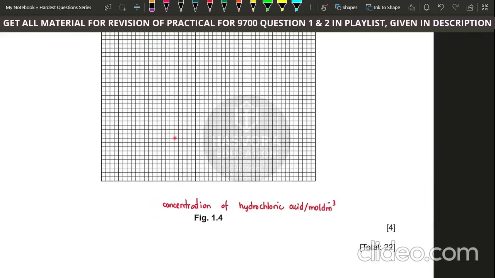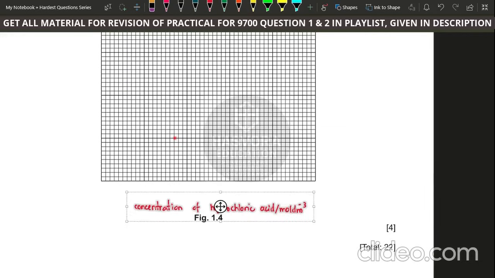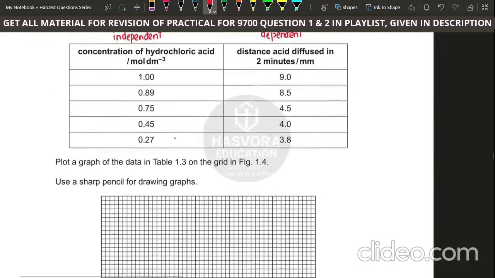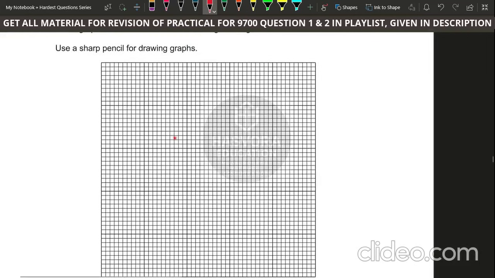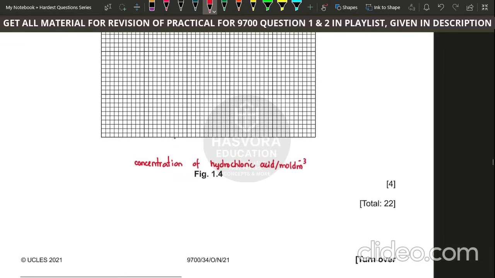And for the other axis it will be distance acid diffused in 2 minutes, and the units are mm. Now you have to check how many boxes you have been given. Okay, the maximum space that you can have between two calibrations on the scale is this much.